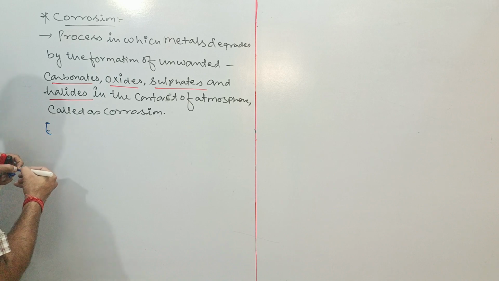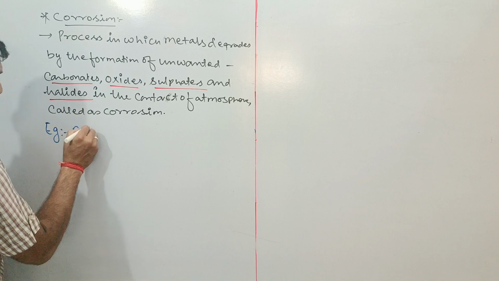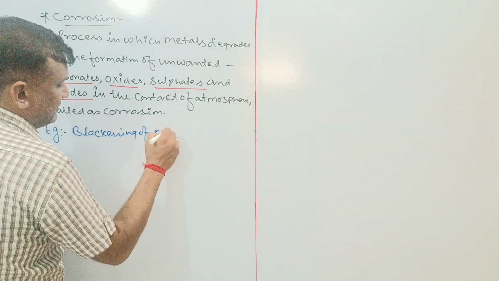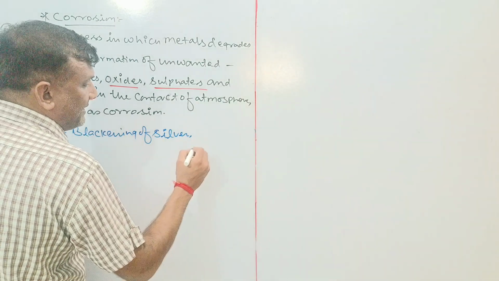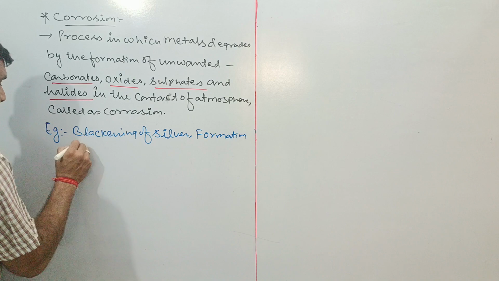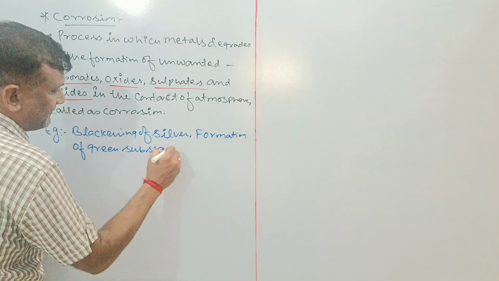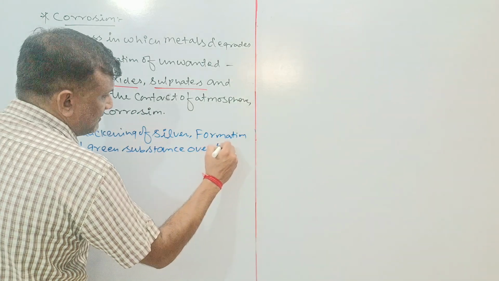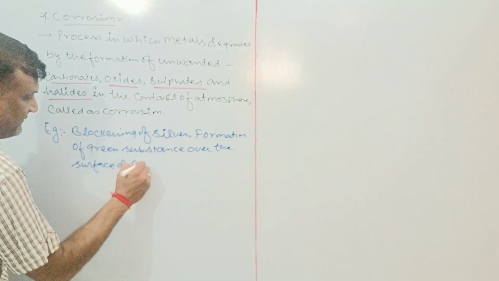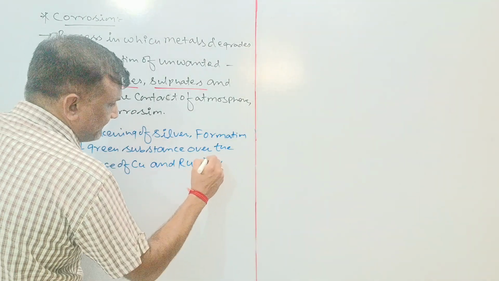First, we can take the blackening of silver, formation of a green substance over the surface of copper, and rusting of iron.